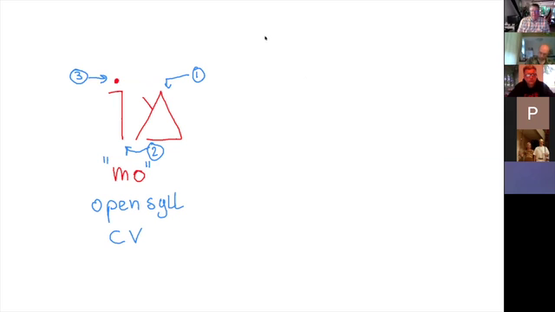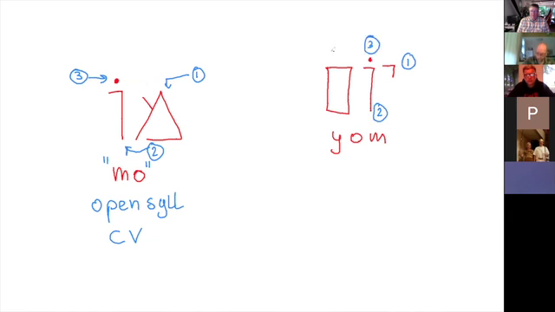The other one, a closed syllable, we all know that, is the word yom. And you do this again, the first symbol, then you do the vav, then the dot on the vav, and you do the final mem.